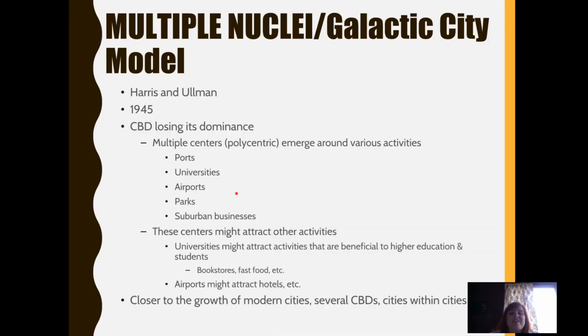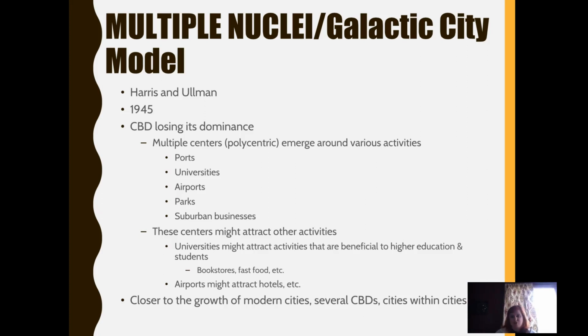Multiple nuclei model, also known as the galactic city model. Isn't that fun? Harrison Ullman in 1945. This shifted because the CBD started to lose its dominance. It wasn't as highly sought after as it was in the other two models. So there's multiple, almost like mini CBDs.